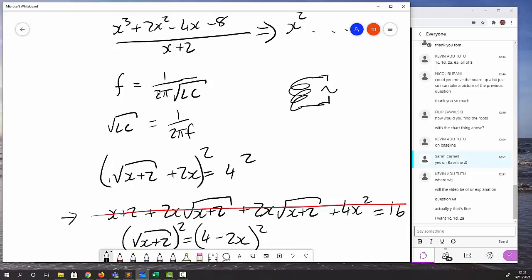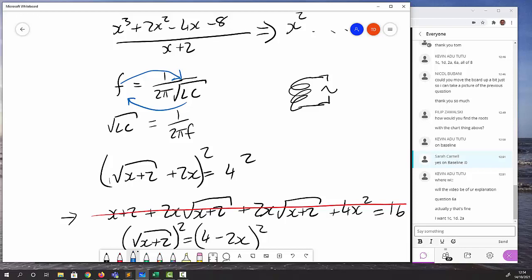Effectively what I'm doing is I'm moving the f down to there and I'm moving the root LC up to there. Do you see what I mean? So that means I've got root LC is equal to 1 over 2 pi f. Then I can square both sides and do the other bits, but I'm not going to do that for you. That's your problem. Is that okay, Kevin?